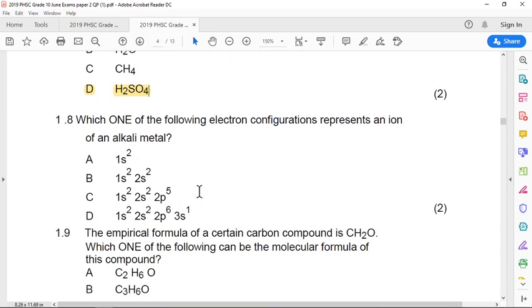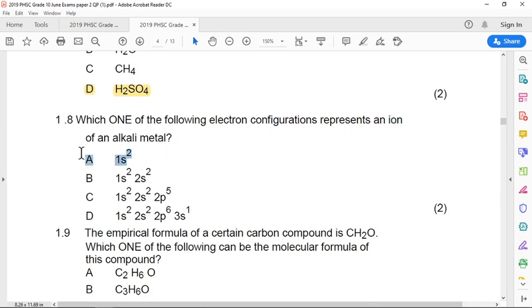Which one of the following electron configurations represents an ion of an alkali metal? Okay, so we remember the alkali metals always have 1 electron in the outermost shell. So this here, D, is an alkali metal. But they asked you an ion of an alkali metal. So an ion of an alkali metal actually has a stable noble gas structure.